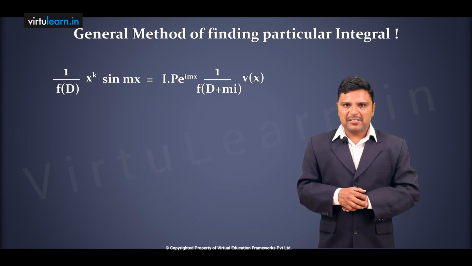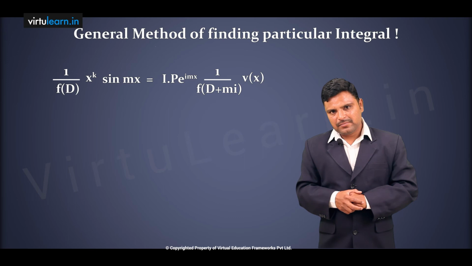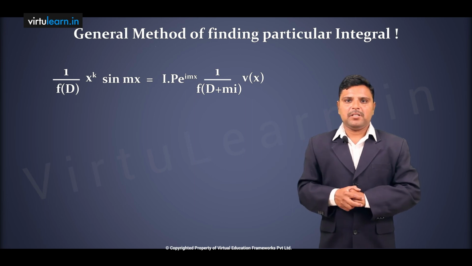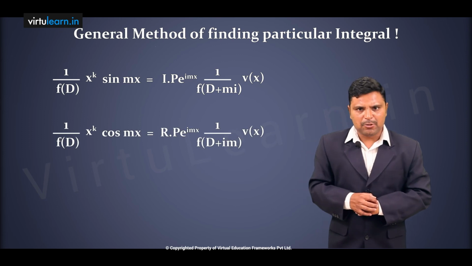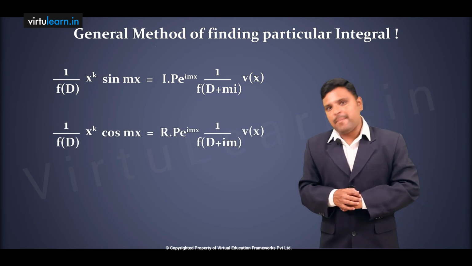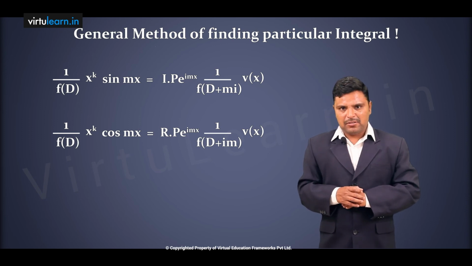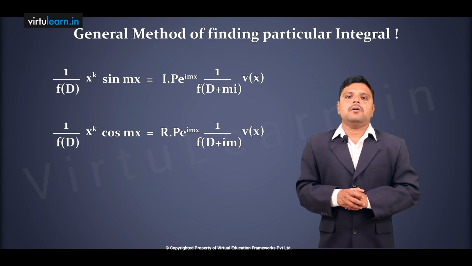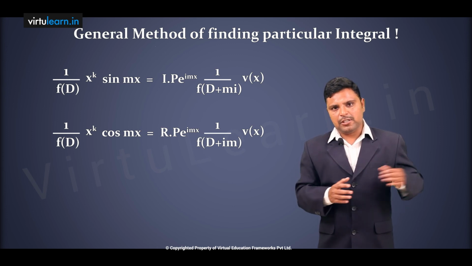If you observe sin mx, then it is the imaginary part of e power imx, 1 by f of d plus mi, d plus mi into v of x. Suppose it is cos mx, the formula is 1 by f of d into x power k into cos mx. Then it is the real part of e power imx, 1 by f of d plus mi into v of x. Then you can solve these two particular integrals by the general method.